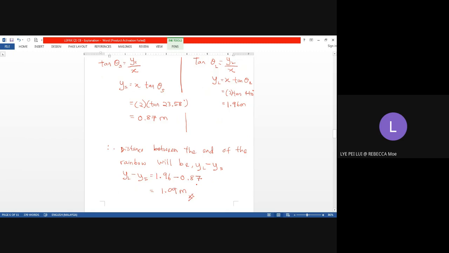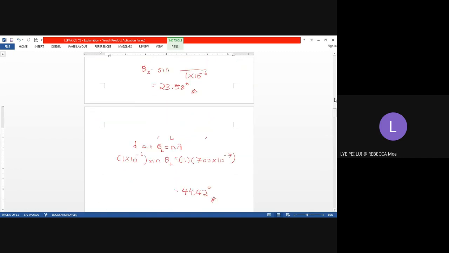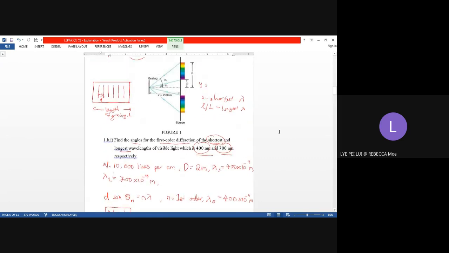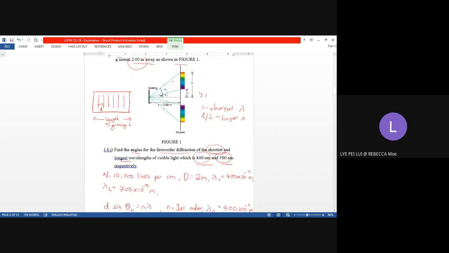Okay, 1.09 meter. So that means if we look at figure 1, the first figure of the question, and we draw the right angle triangles like this, this one is the longest, and this one is the shortest. So you have two right angle triangles, so we use the big y, the longest minus the shortest. So actually you can get the spectrum here.